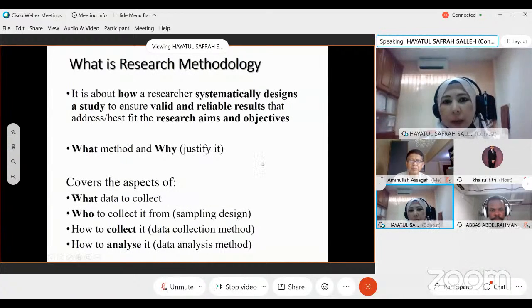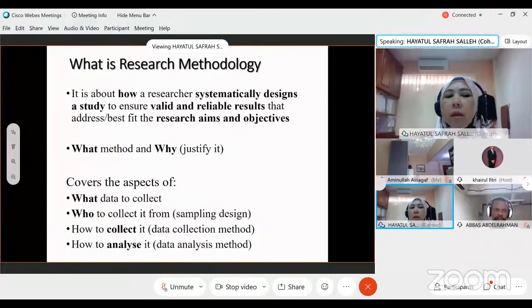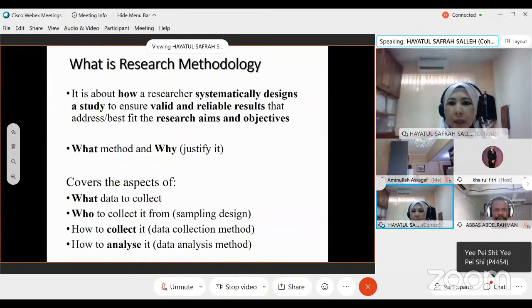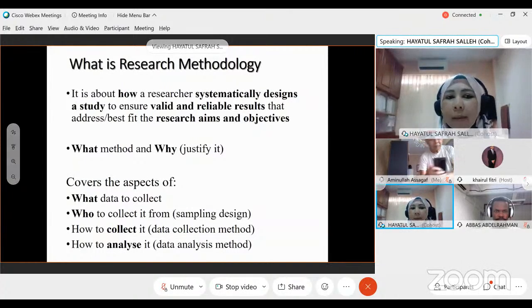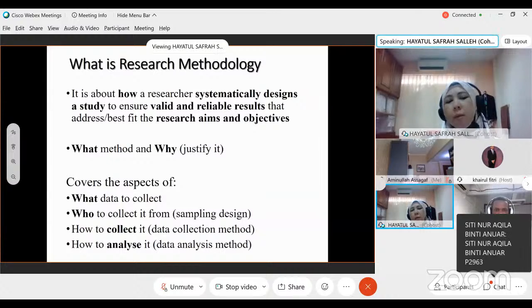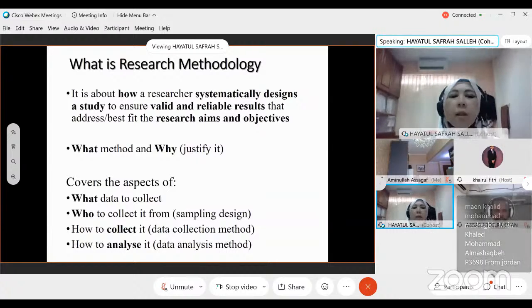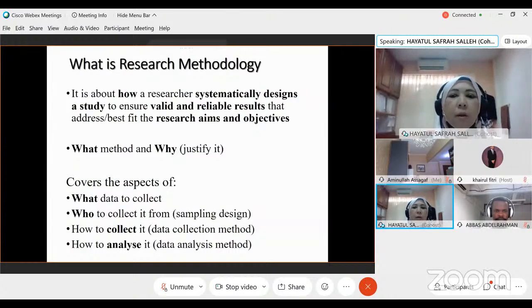What is research methodology? Research methodology addresses the research questions, aims and objectives of your study. You have to use the right research methodology to ensure your data is valid and reliable, so you will get reliable results to answer your objectives.